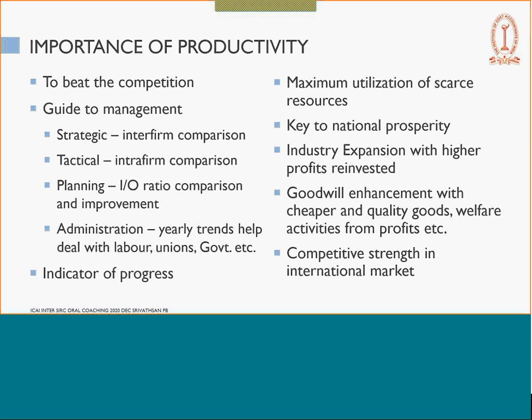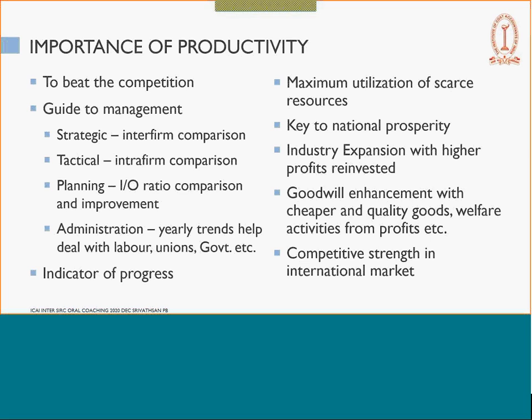Intra-firm comparison. Intra is within the firm. Tactical support. So this division is doing good, this division is not doing good. Or this year we are doing like this. How to improve the numbers, how to reduce the wastages, and so on and so forth. So that is your tactical performance. And then planning.